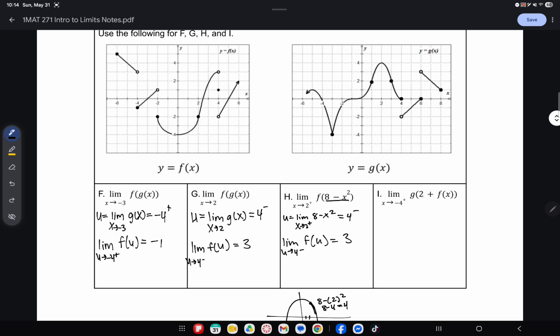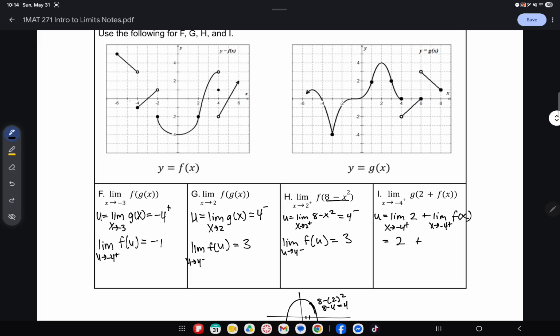And this next one, we have g of 2 plus f of x. So we can split that. We can say u is the limit as x approaches -4 from the right for 2, plus the limit as x approaches -4 from the right for f of x. That's a constant, so it's going to stay the same. And then we want f of x. Here's f of x.